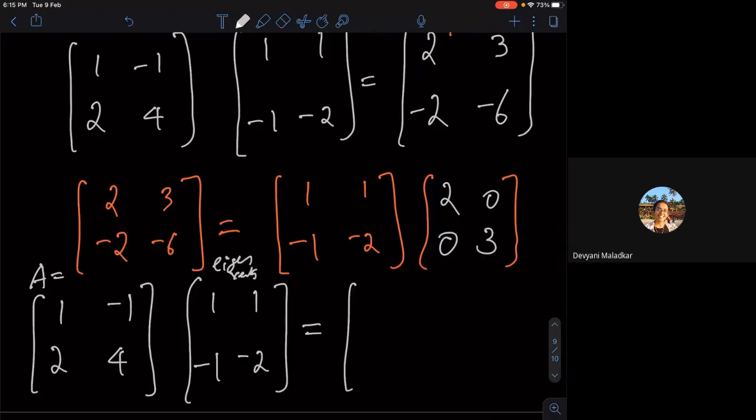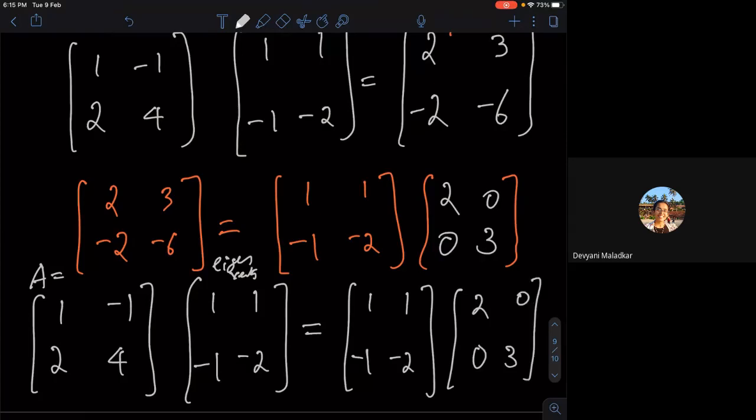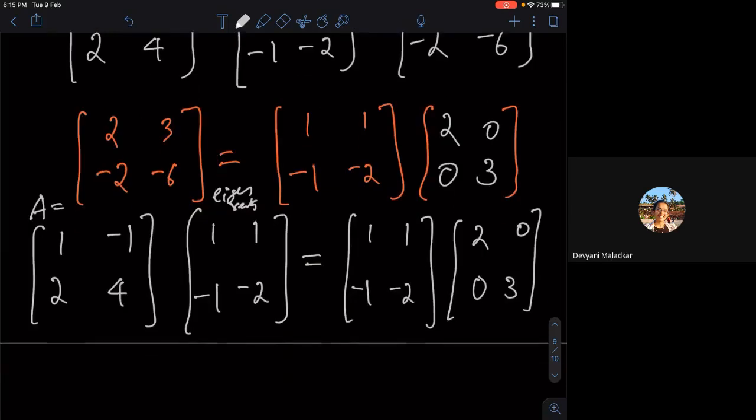This is the same as, again, my eigenvectors here, and the diagonal entries are my eigenvalues. Do you all agree to this equation? Yes, sir.